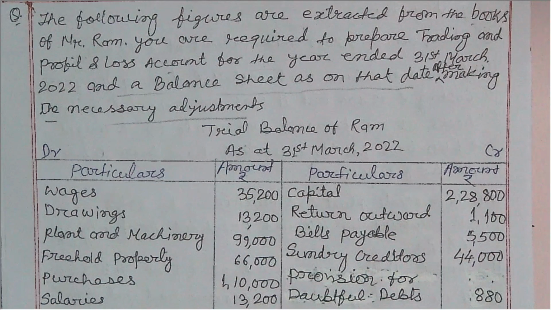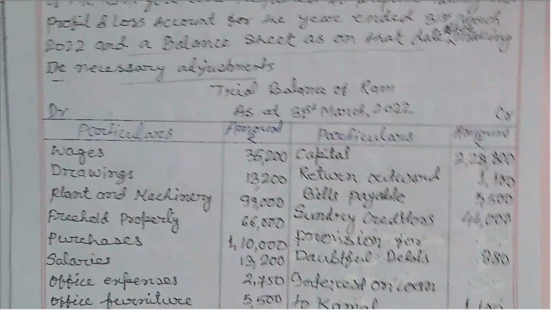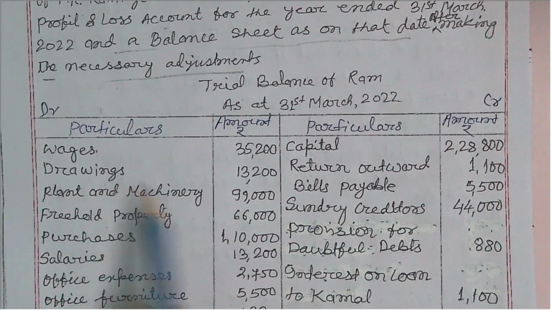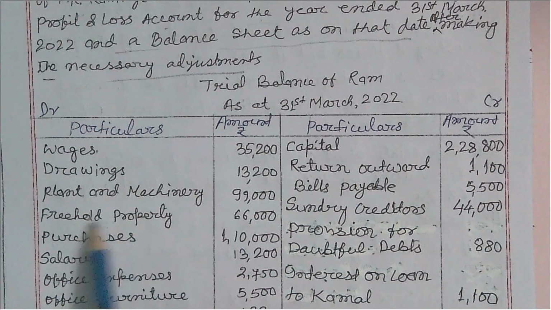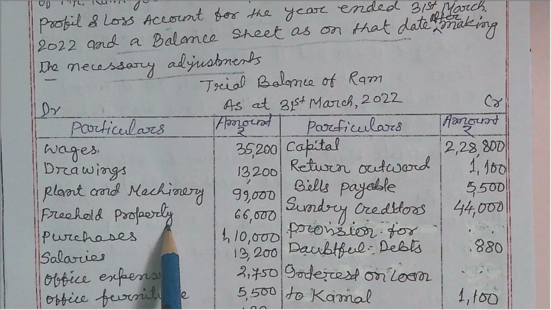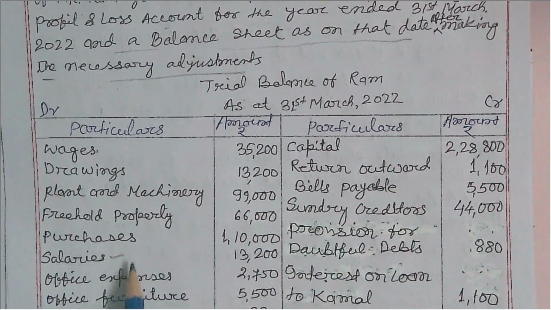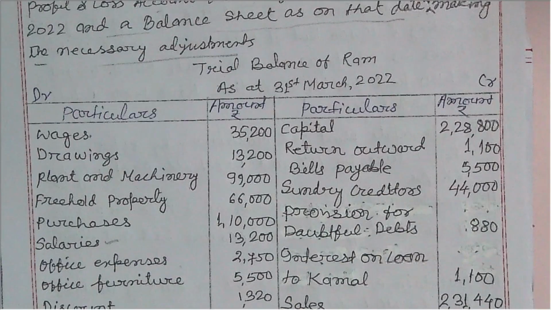So following informations are given in the question: trial balance, wages, drawings, debit side, plant and machinery, freehold property, purchase, salaries, office expenses 2750.